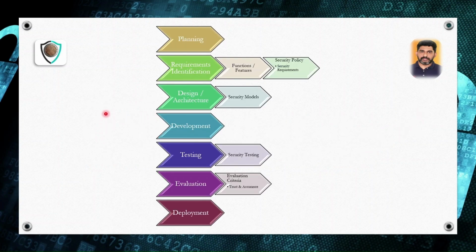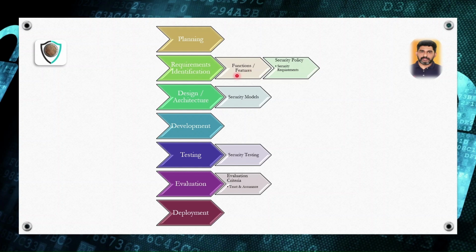What is given here are the different stages related to system or software development. We start with the planning phase, where we have an idea which we want to develop. In the second phase, we identify the requirements of the system or software that we are going to develop.